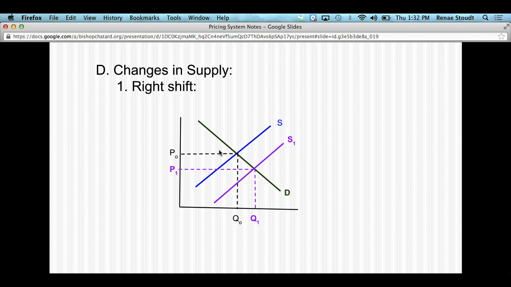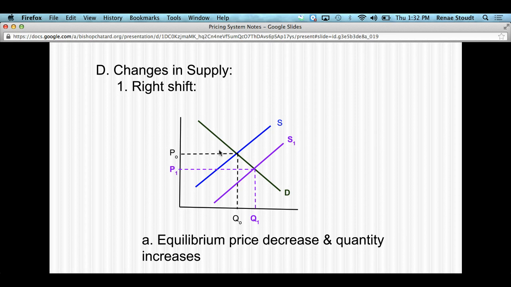What happened to my price? It went down. What happened to my quantity? It went up. Okay? Anytime you have a right shift in supply, the price will drop. Okay, but there will be more bought.